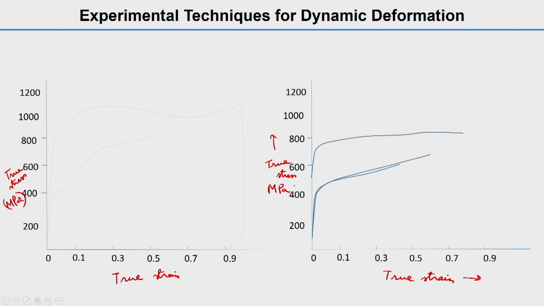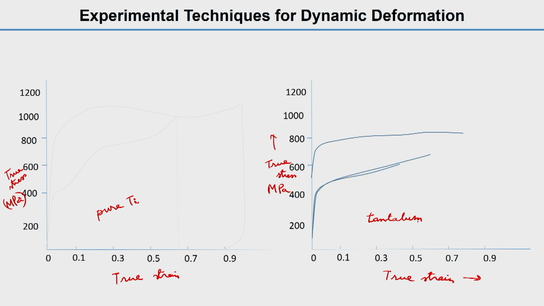There are two materials we wanted to show. The first one is pure titanium, commercially pure titanium, this titanium metal, not an alloy, and the other one is tantalum.